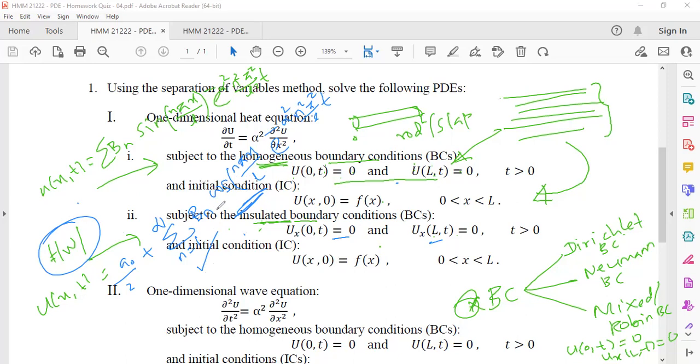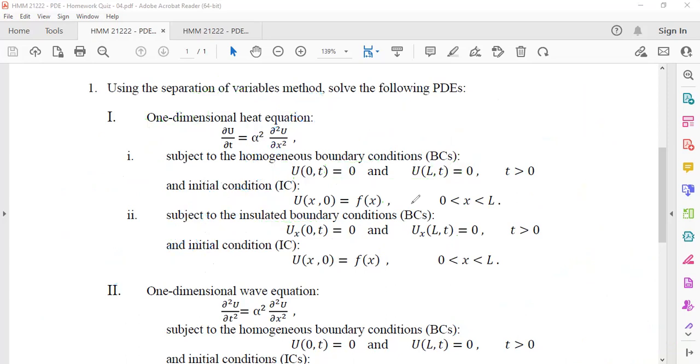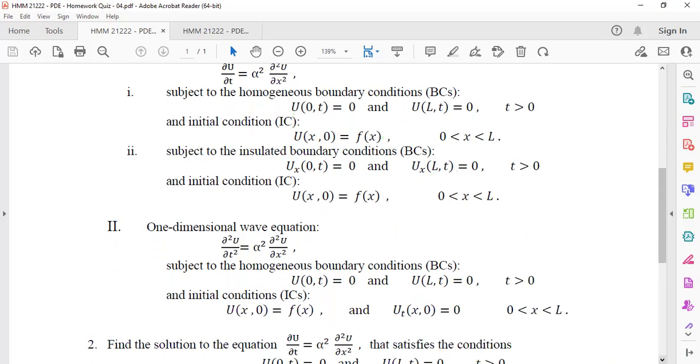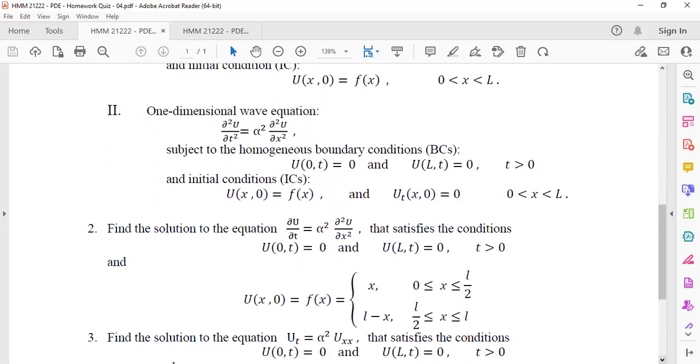Just note down and find out the proper answers. So we have completed the first question. I'm just going through it as a discussion, not giving the full answer anyway.